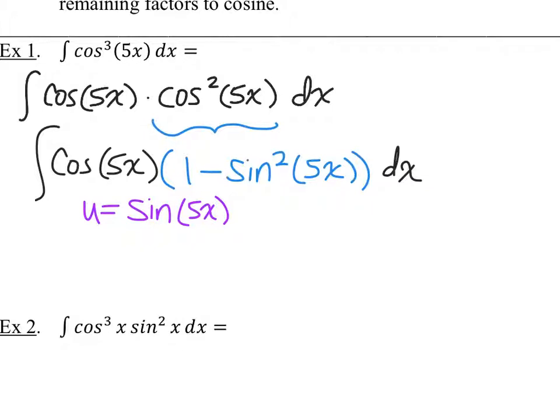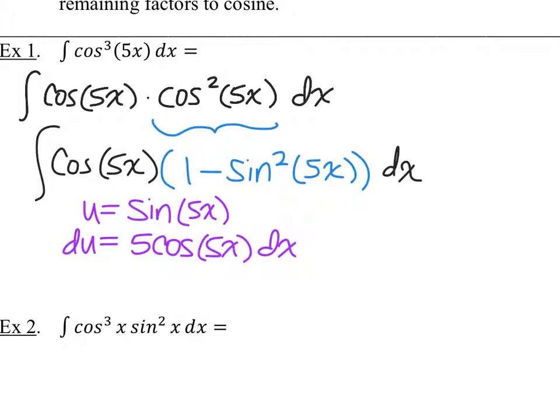If that's the case, through chain rule, du would be equal to 5 cosine 5x dx. Derivative of the outer function multiplied by the derivative of the inner function. So sine becomes cosine of 5x, but then multiplied by the derivative of the 5x, which becomes the 5.